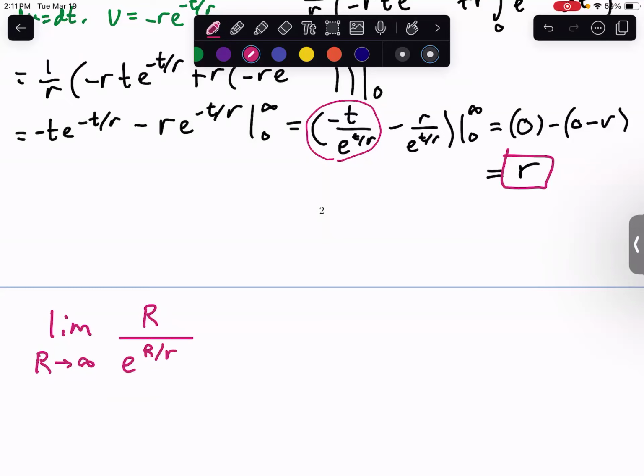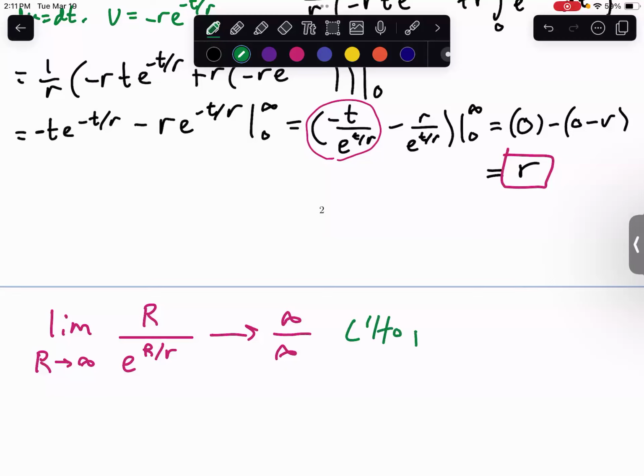It's kind of hard to determine, at least just by looking at this function, what the limit's going to end up being, because we have something of the form infinity over infinity, right? If you just computed this limit without any bells or whistles, this would give you infinity over infinity. So when you're given this situation, you want to use L'Hopital's rule, which is something we learned in Calculus 1.